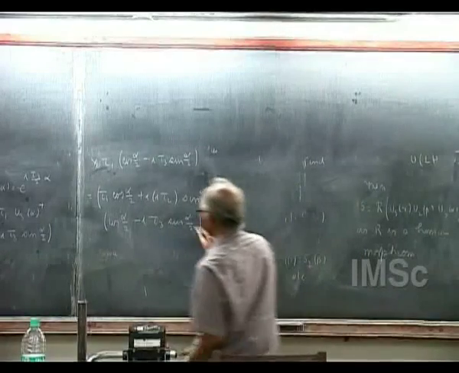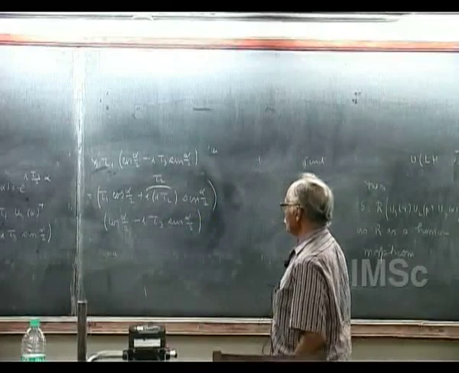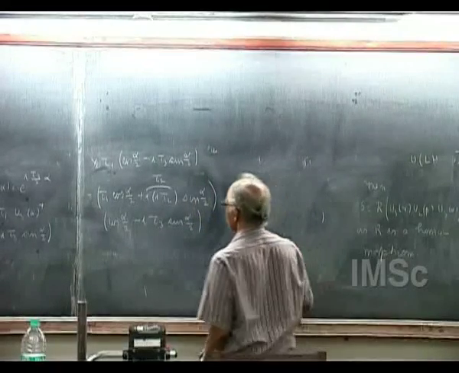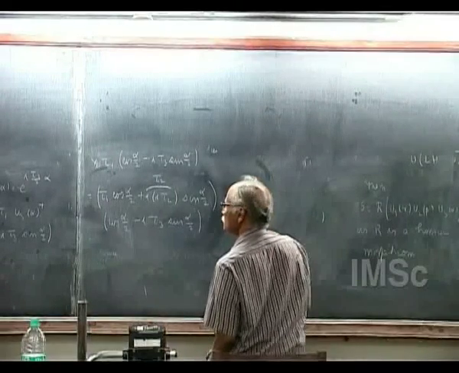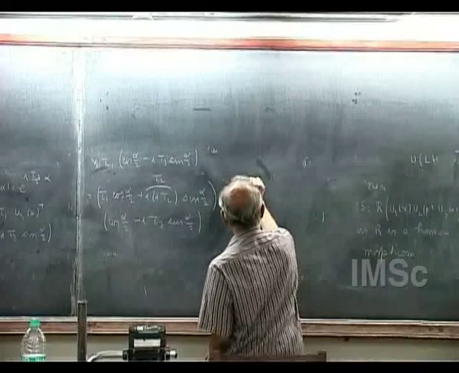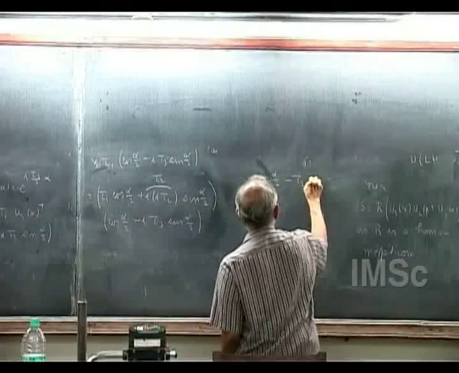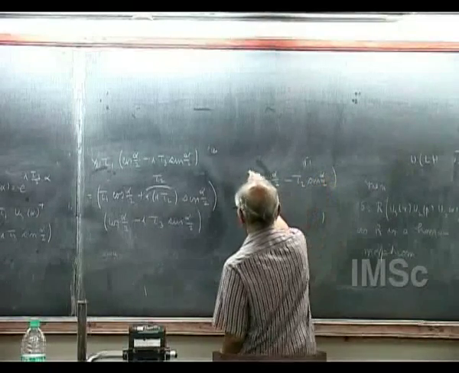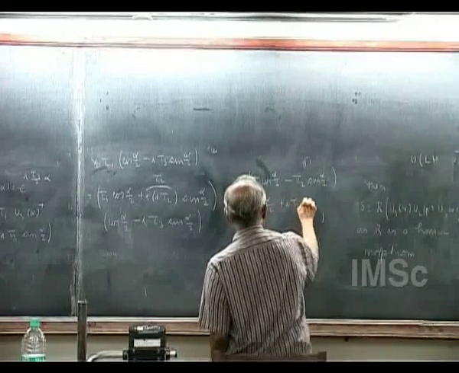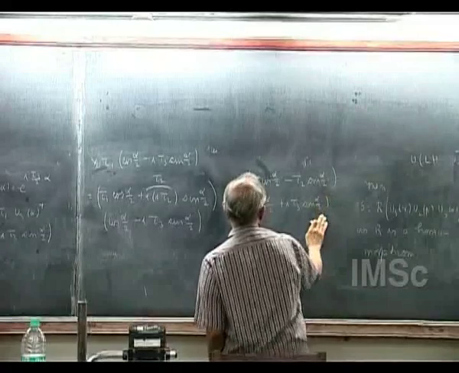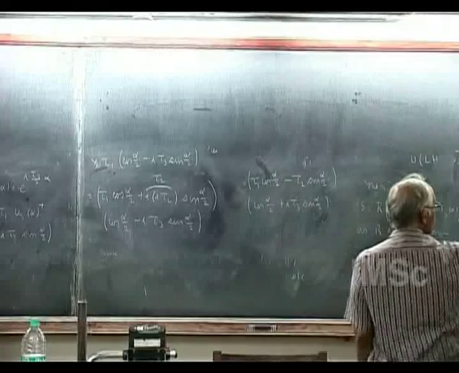Now this is minus tau 2, so let me expand this out, okay. So this is equal to tau 1 cos alpha over 2 minus tau 2 sin alpha over 2, times cos alpha over 2 plus I tau 3 sin alpha over 2. Okay. So the formula I want is that first line, okay.